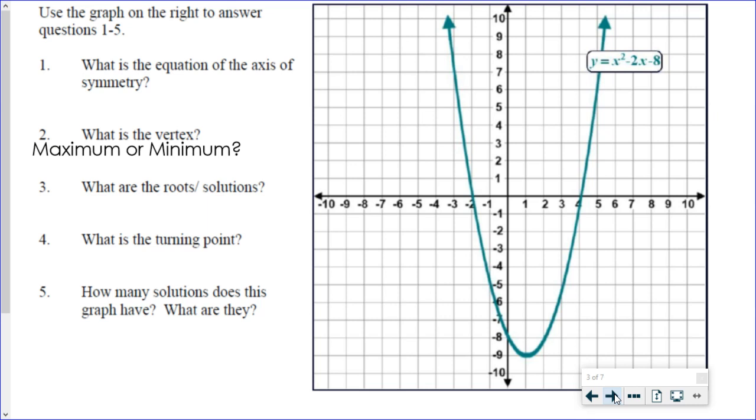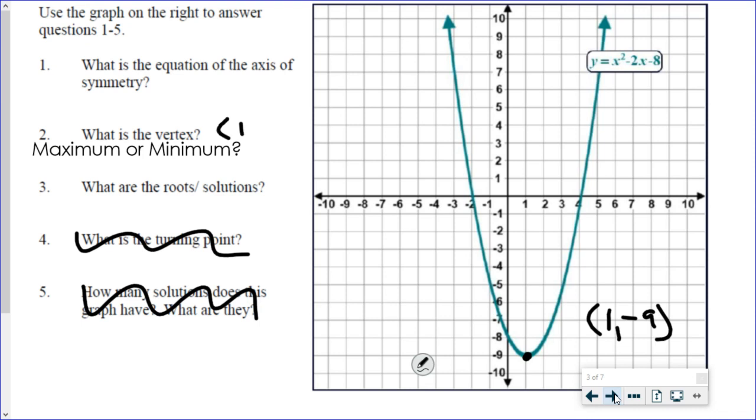Now, I'm going to go through some of these, but some I don't really need to talk about. First thing, find your vertex. That vertex is 1, -9. The axis of symmetry is just the x part of that.